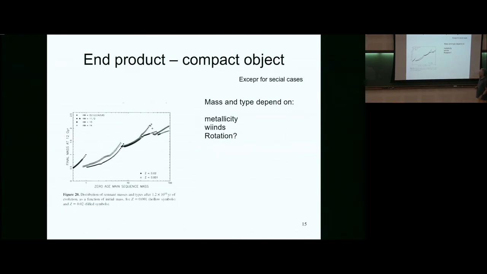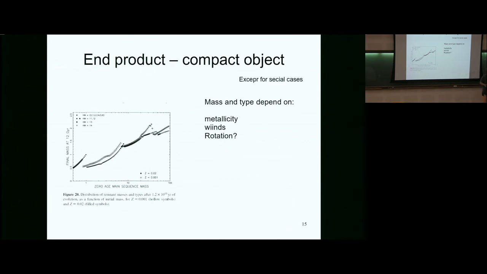So for the properties, from the point of view of the binary evolution, if we look at white dwarfs, neutron stars, and black holes, for all practical purposes, neutron stars and black holes can be treated as point-like objects with no radii.